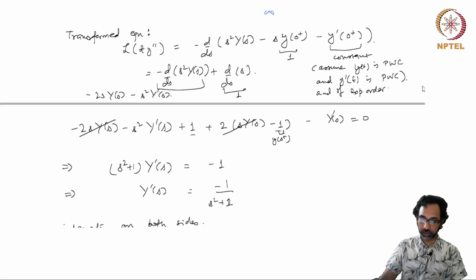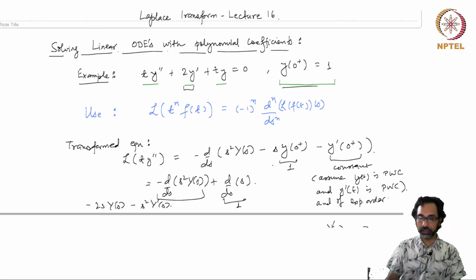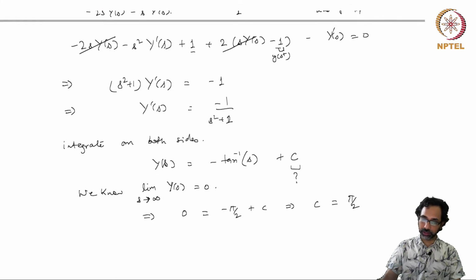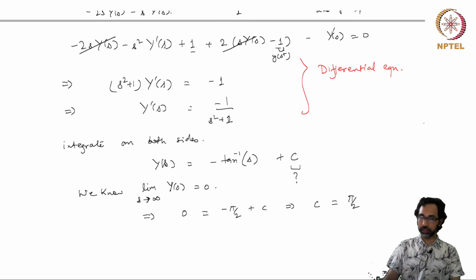So we have seen that the transformed equation can itself be a differential equation in Y(s), and we have to solve another differential equation, which might be simpler, but may not be simpler than the original equation. So this kind of method may not work for all cases.